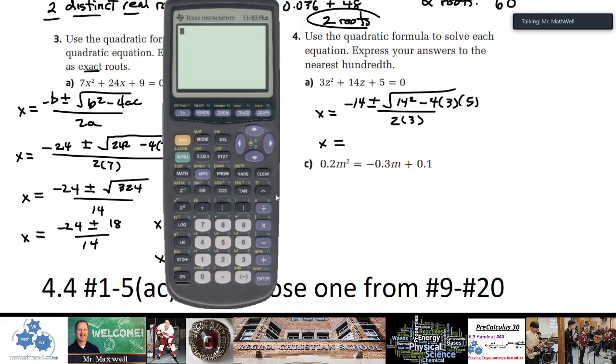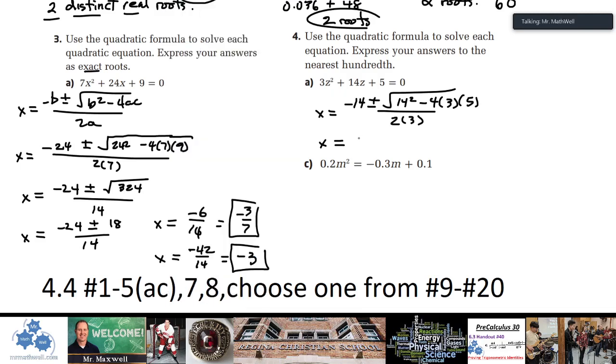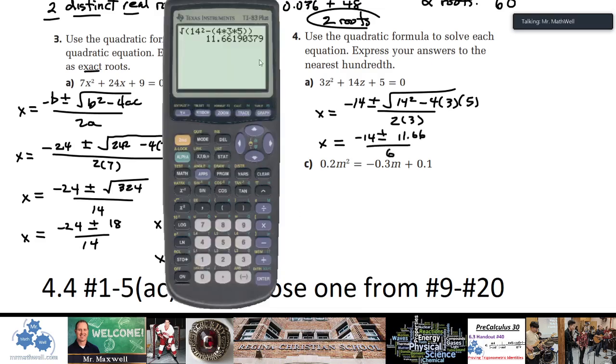I would tend to do the square root first, and you can give your answer to the hundredth, so you don't have to be exact. So 14 squared minus, I'm going to do all this inside the brackets, 4 times 3 times 5. What do we get there? 11.66. So I'm going to rewrite that, all over 6.